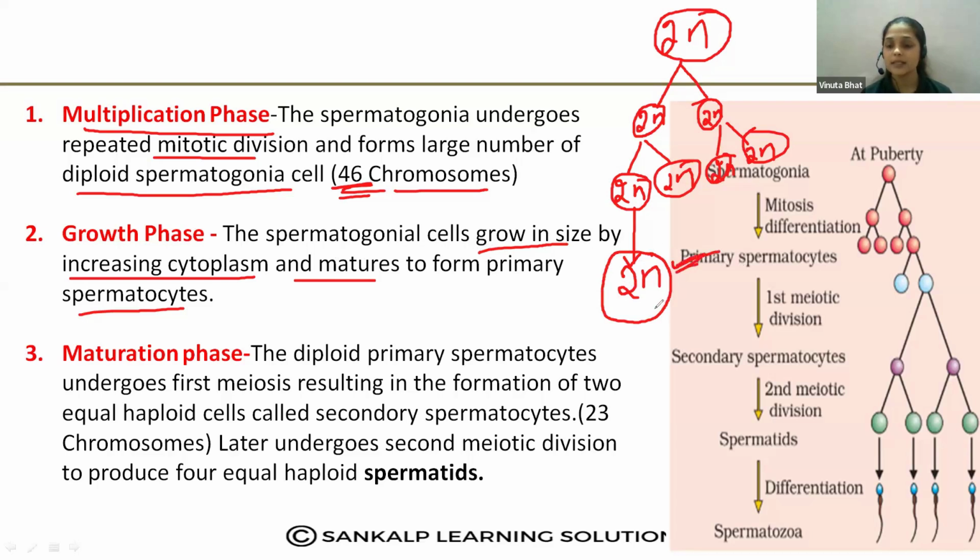This primary spermatocyte will undergo meiotic division. When any cell undergoes the meiotic division, it forms 4 daughter cells, right? So it forms 4 cells.